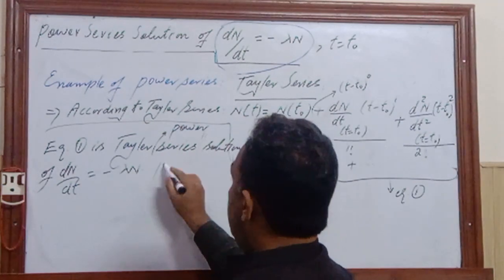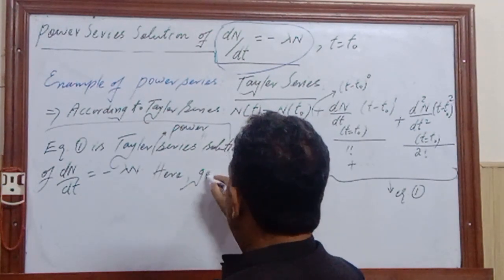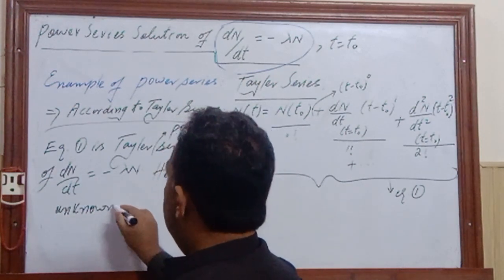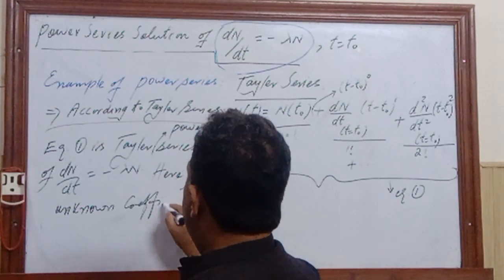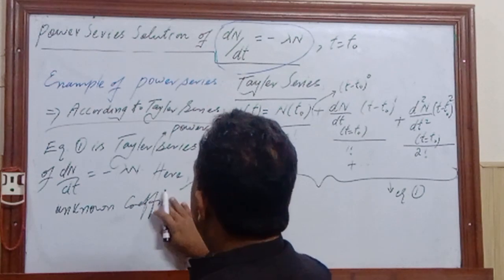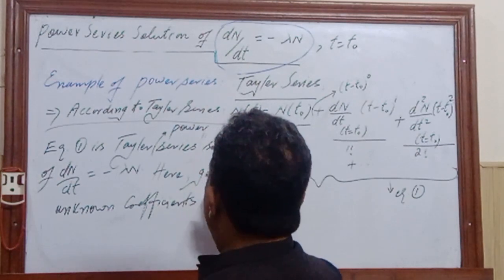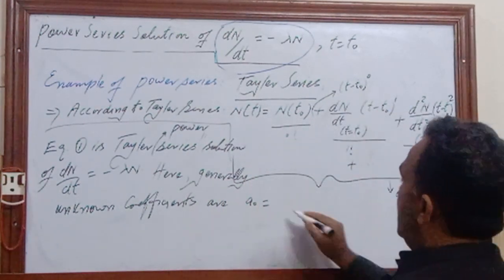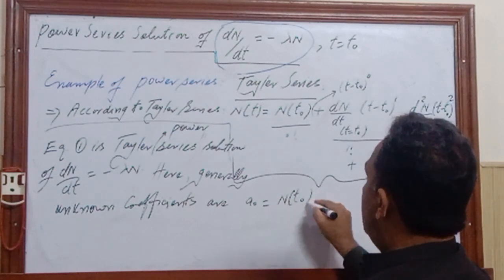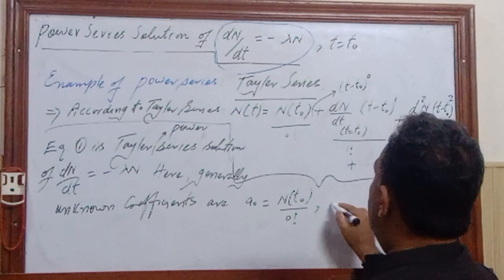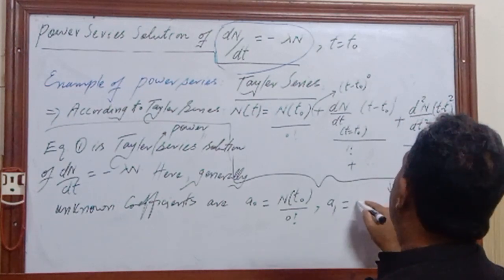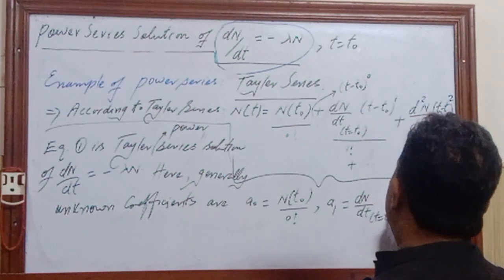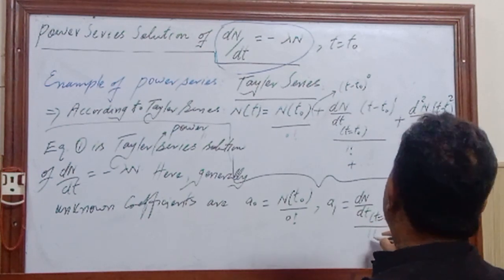Generally, the unknown coefficients are: a naught is N at t naught over 0 factorial, and a1 is dN by dt at t equal to t naught over 1 factorial.